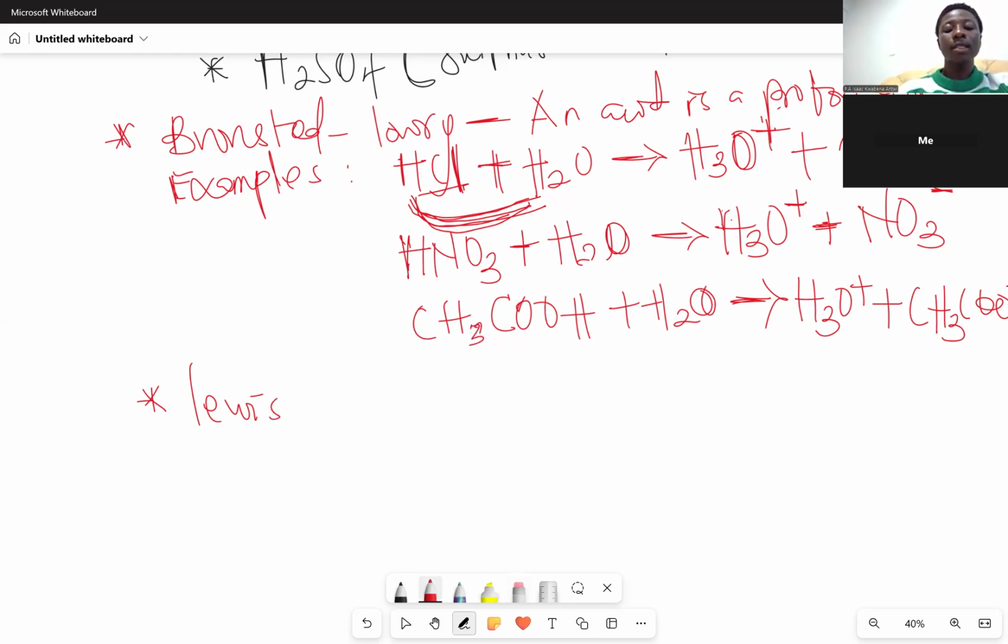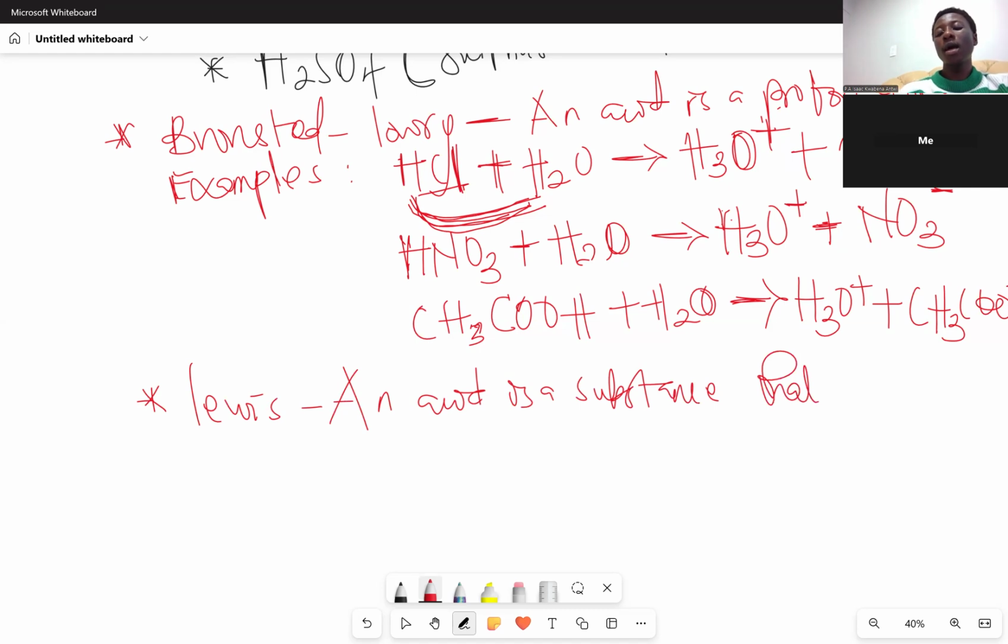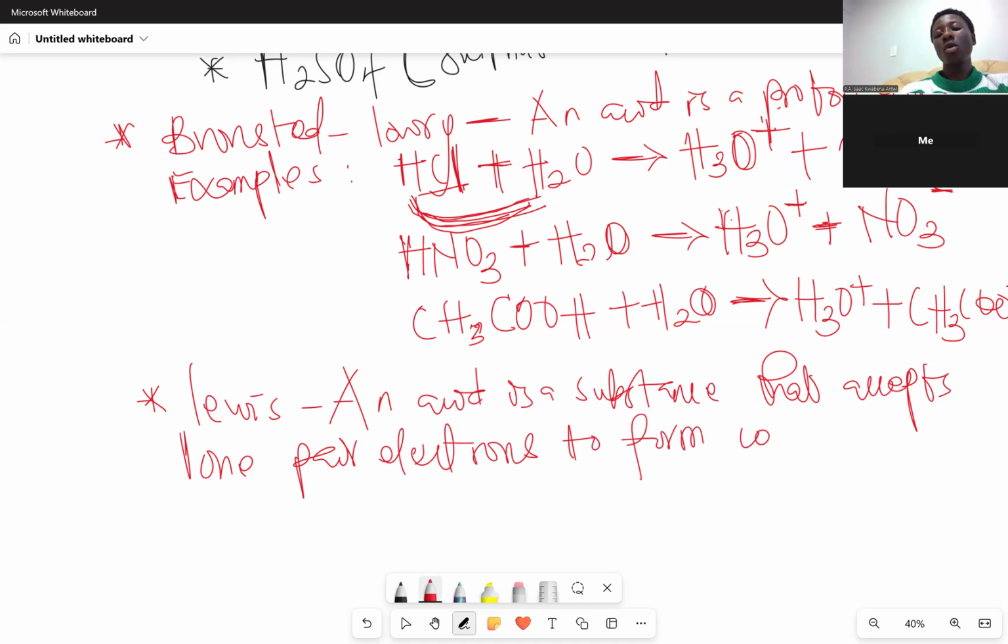So he said an acid is a substance that accepts lone pair electrons to form coordinate covalent bonds.